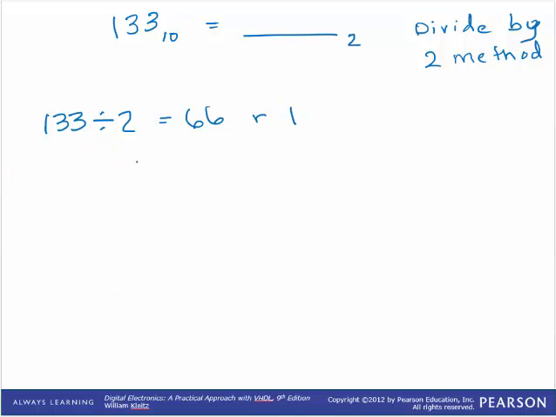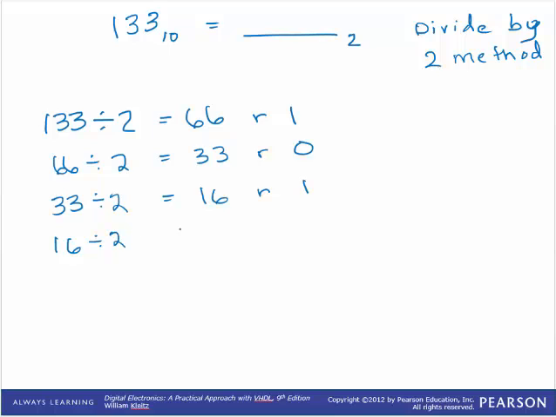So R for remainder. So now I say, what's 66 divided by 2? And it equals 33 exactly, remainder of 0. 33 divided by 2 equals 16, remainder of 1.